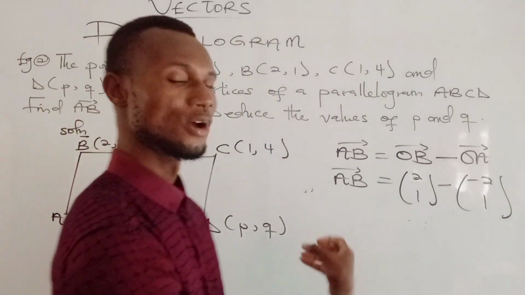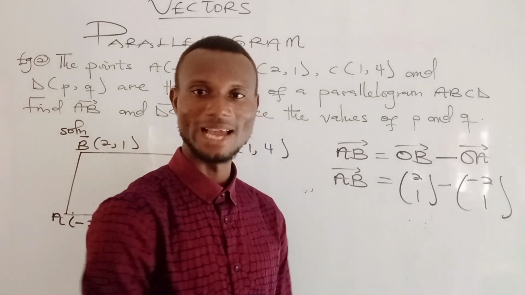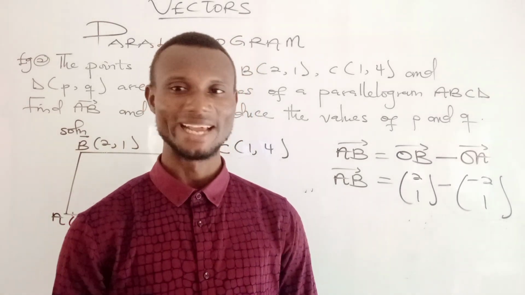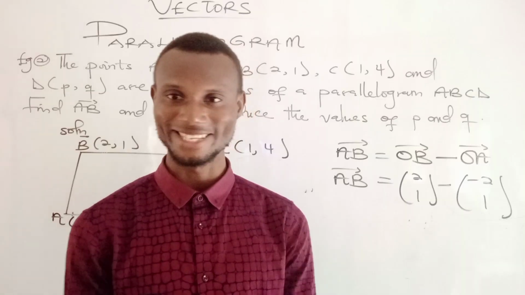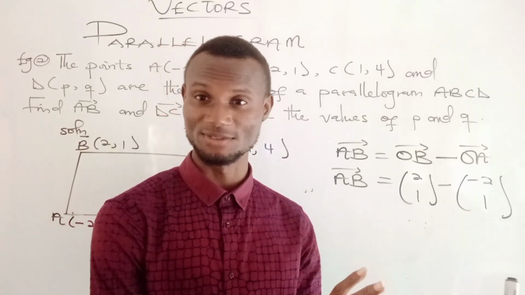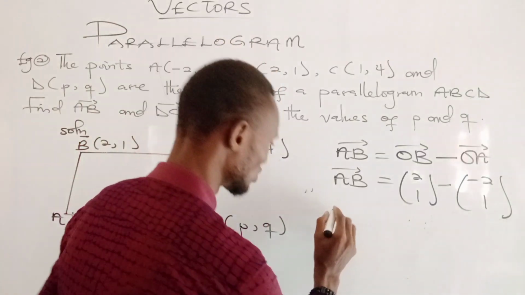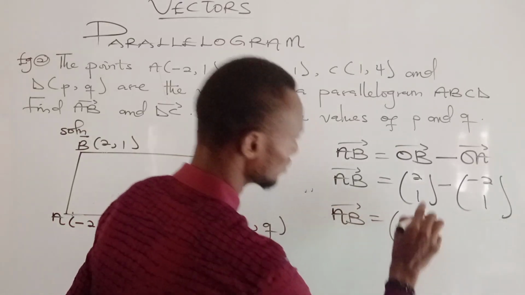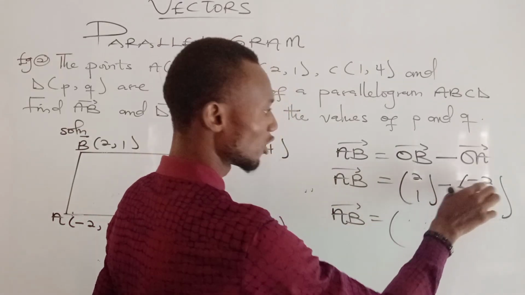So this we simplify further. We are just going to apply the knowledge that we've gotten on the addition and subtraction of vectors, which we've done in the previous videos. So my AB will be equal to 2 minus minus 2.